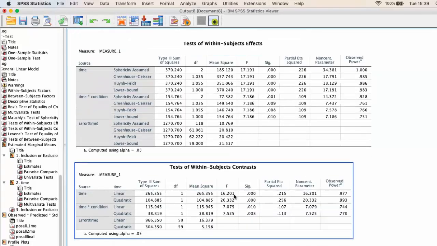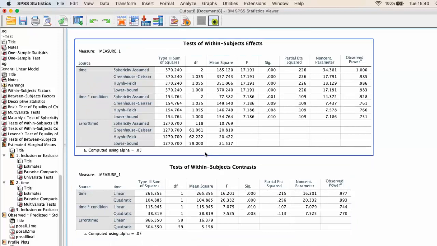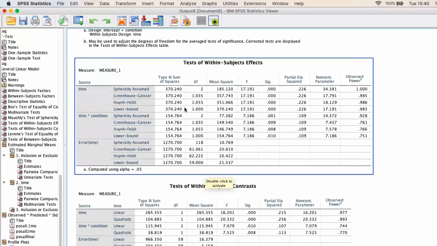Then you go down to the tests of within subjects effects, and depending on which one you use, that's the one you mention. So for time by condition, the sphericity assumption was violated. This is where you talk about the correction you went with. Did you use Greenhouse-Geisser? You mention that when you're talking about the time by condition interaction.